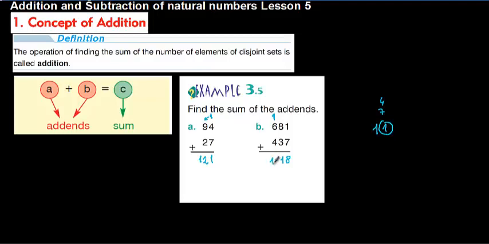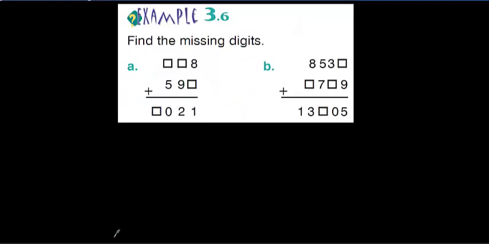That's why you write both digits together, 11, and the answer of this addition is 1118.